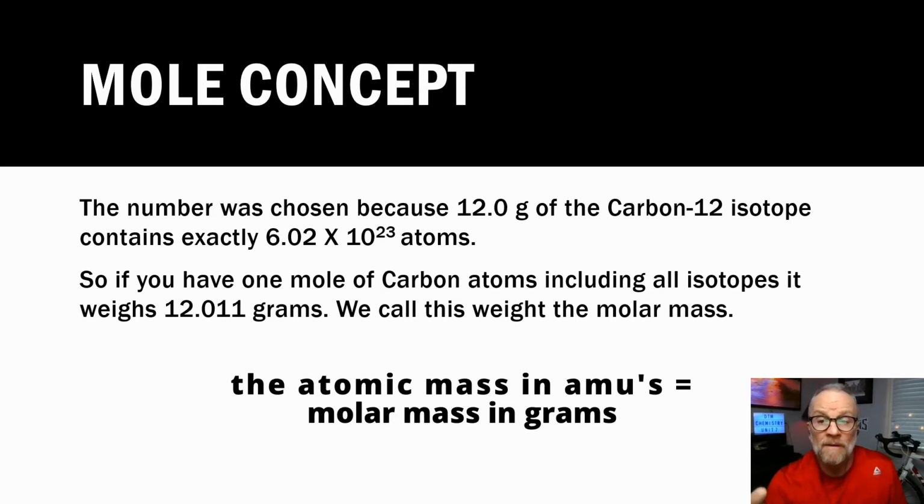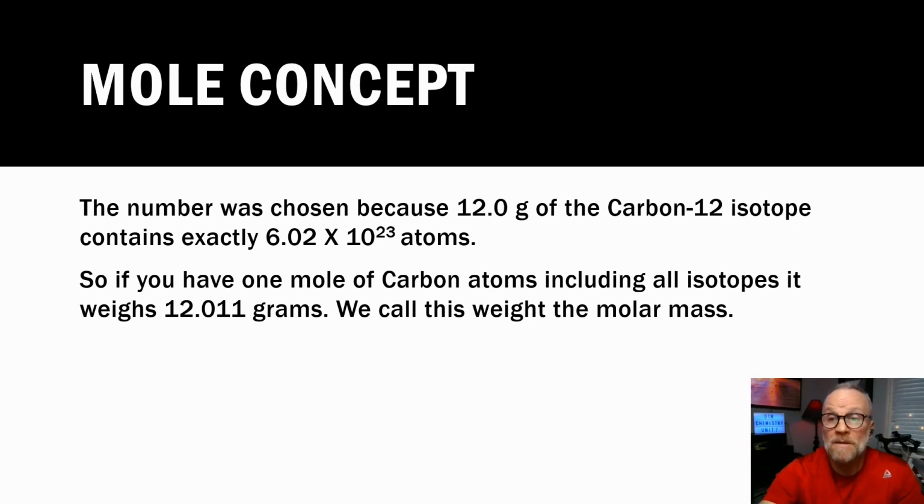And if you combine the weighted average of all the isotopes of carbon, carbon 12, carbon 14, etc., it would weigh 1 mole, or 6.02 times 10 to the 23rd atoms of carbon would weigh exactly 12.011 grams. And so it would weigh a little bit more than carbon 12 because carbon has some heavier isotopes as well. But carbon 12 is the most dominant isotope because it's closest to the molar mass.